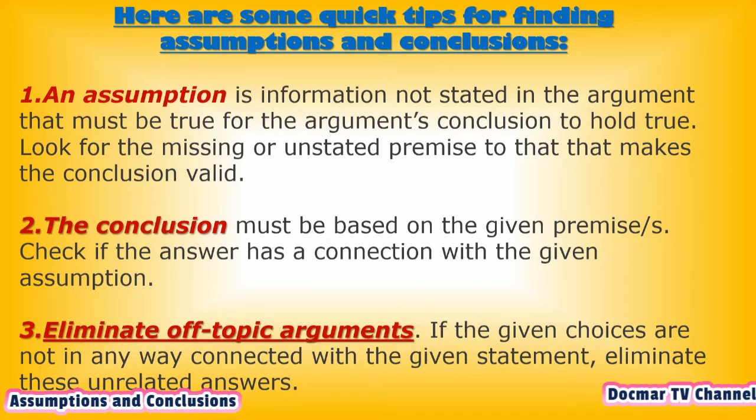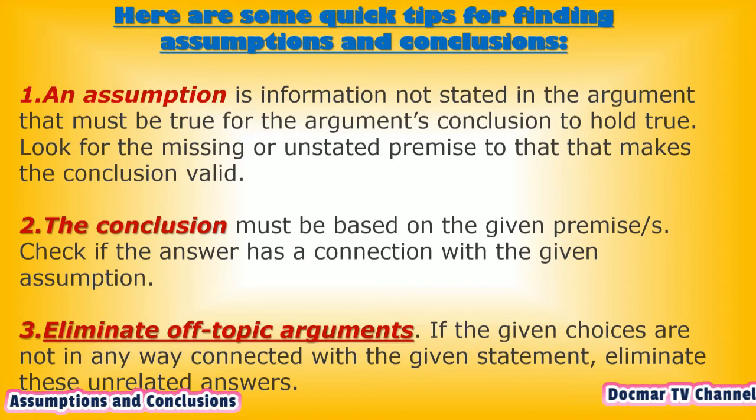Number one, an assumption is information not stated in the argument that must be true for the argument's conclusion to hold true. Look for the missing or unstated premise that makes the conclusion valid. So that is the characteristic of an assumption.